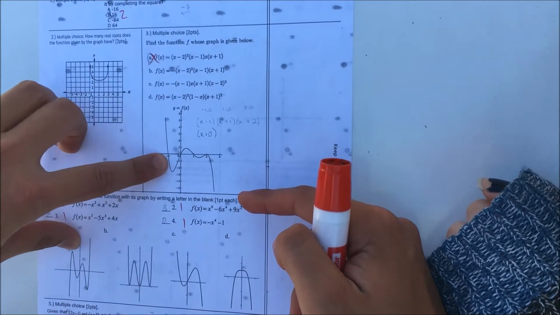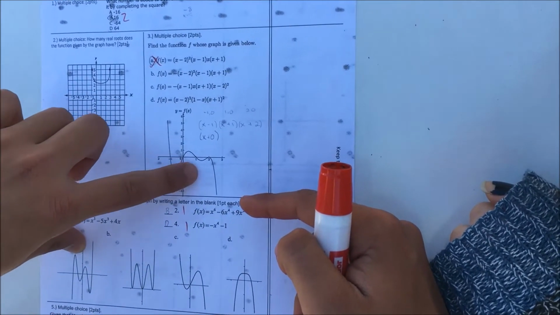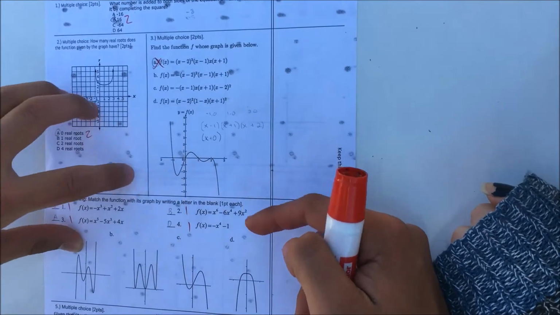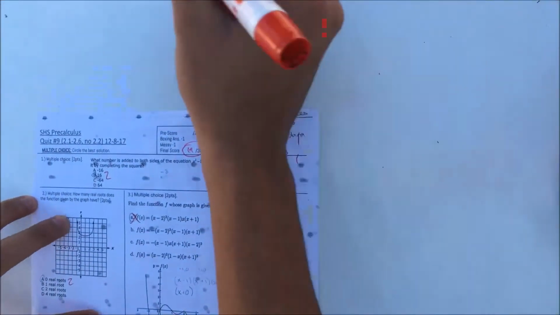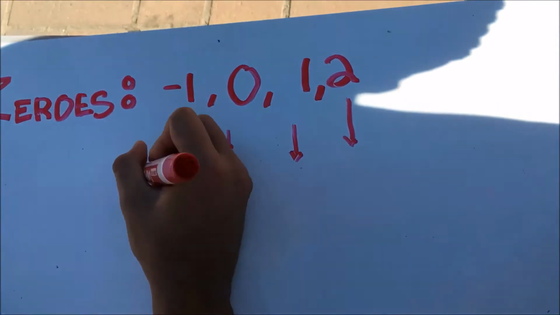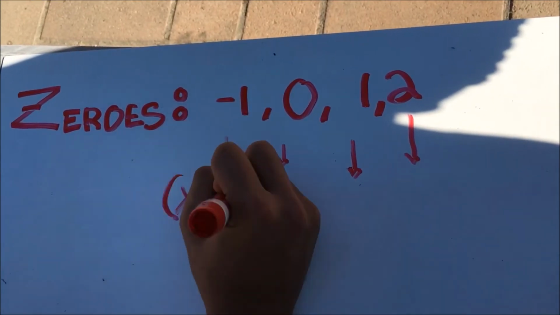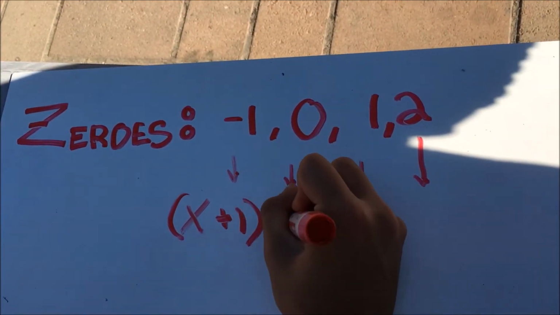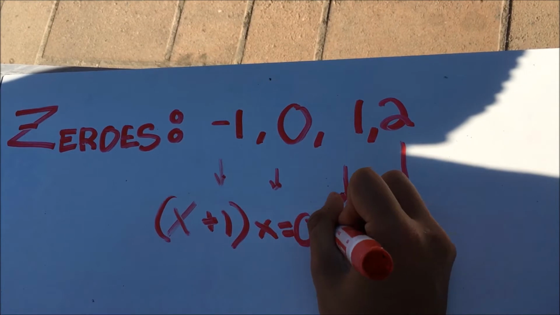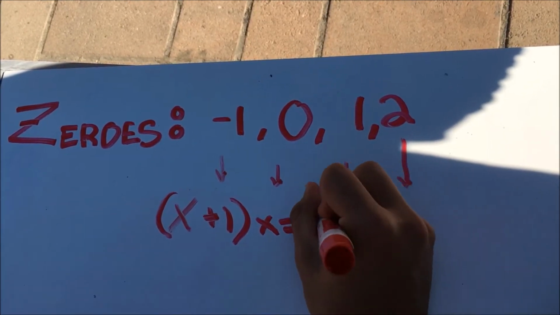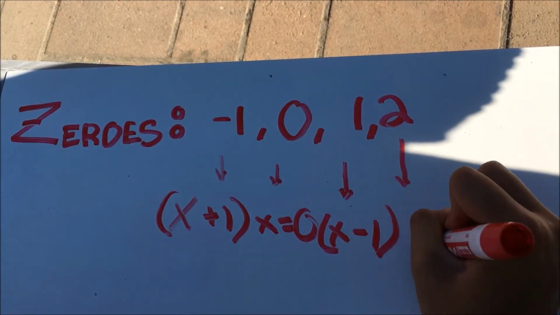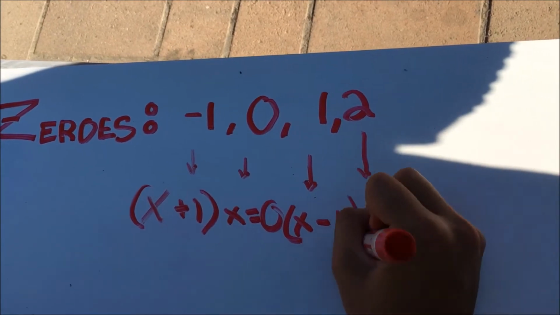After that, you look at your zeros. You get negative 1, 0, 1, and 2. You need to make them equal 0. So for the first one, you're going to put x plus 1 equals 0, x equals 0, x minus 1 equals 0, and x minus 2 equals 0.